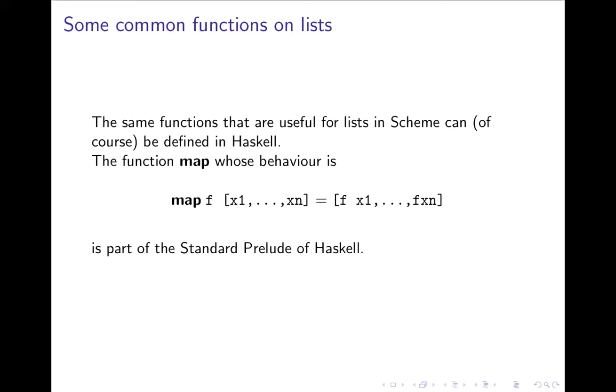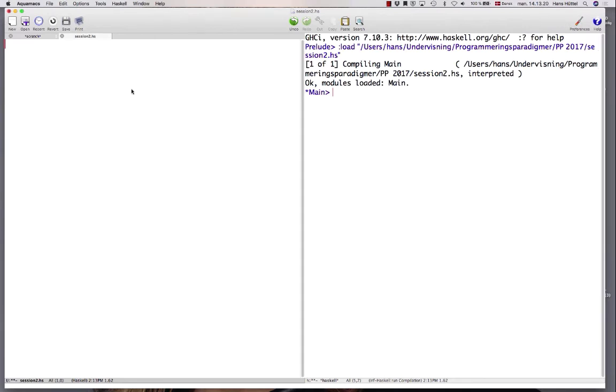It's found in the standard prelude of Haskell, so you don't need to write down map yourself. But let's try to define map ourselves as map prime, such that we can find out how it's implemented, and also let's find the type of this map prime, which really is the same as map, has the same behavior as map. So we're now going to define a function map prime.